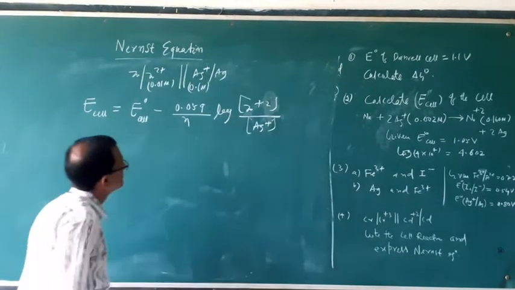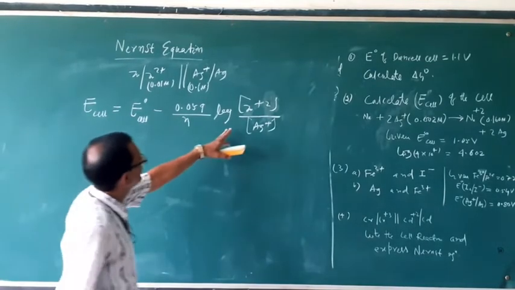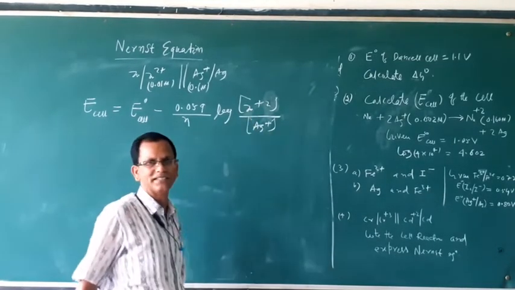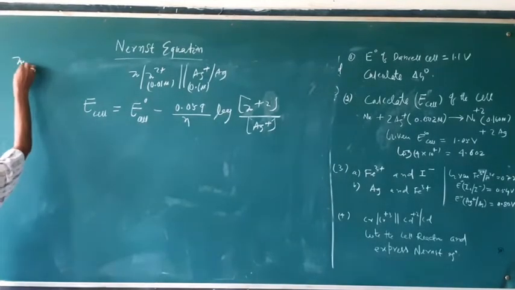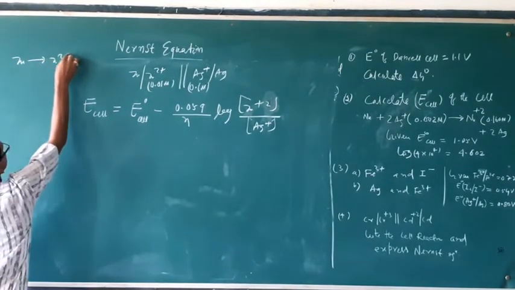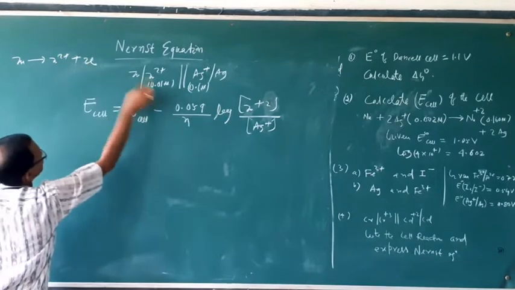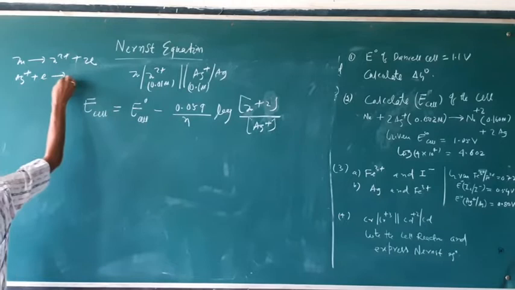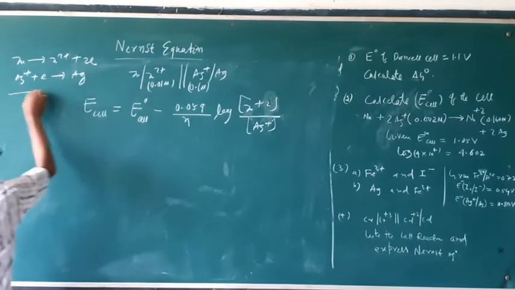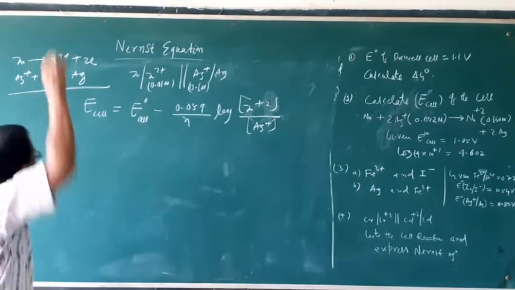But the question is whether the power will be the same or not, we will see here. If you see the reaction, Zn changes to Zn2+ plus 2e, then Ag+ plus e changes to Ag. How can you balance this equation?